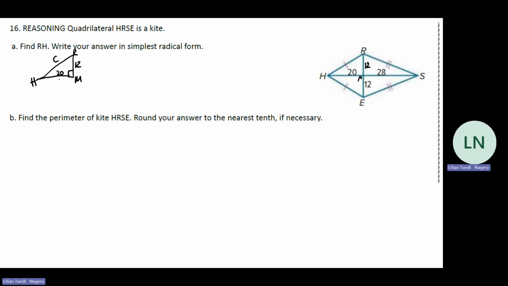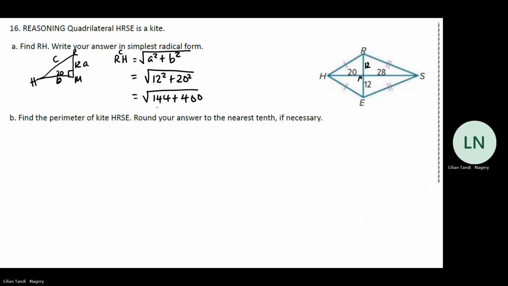So this is C because it's opposite the 90-degree angle. This is B and this is A. You want C, okay? RH, which is the same as C, is the square root of A squared plus B squared. Then you're going to do 12 squared plus 20 squared, then you're going to get 144 plus 400. Then this will be the square root of 544.